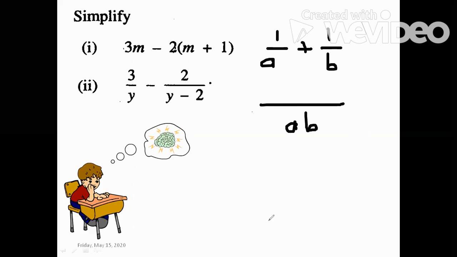Now suppose we have 1 over a and 1 over, say, bc. The LCM would be abc. Let us say we have 1 over a plus 1 over b plus 1. The LCM would be a times b plus 1.